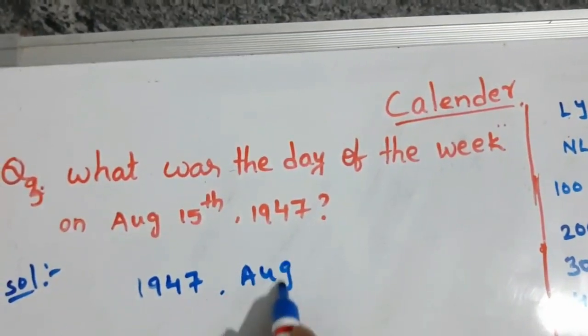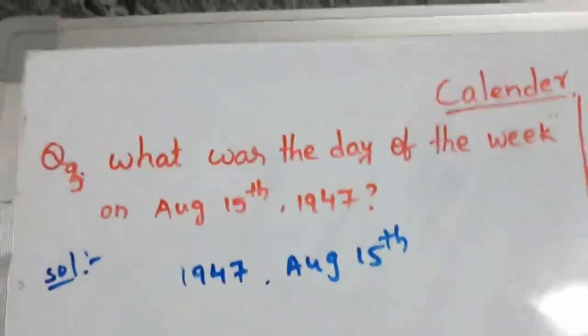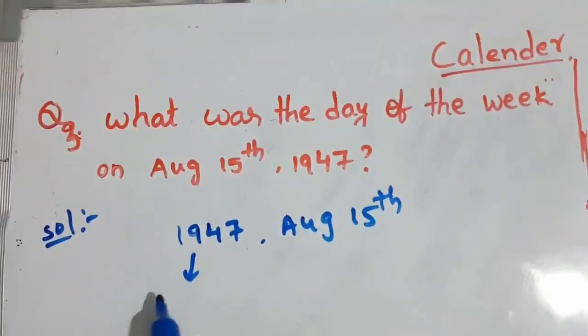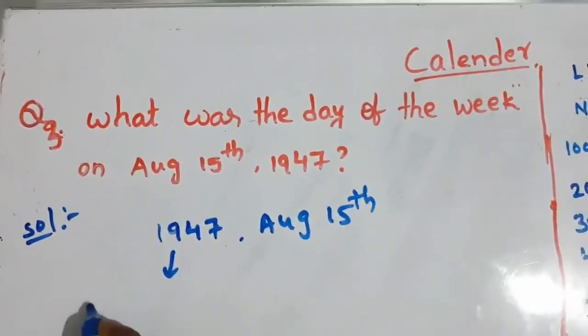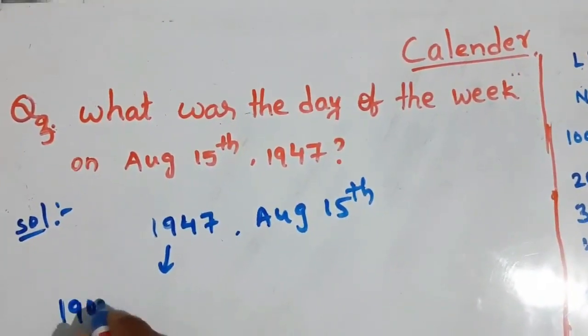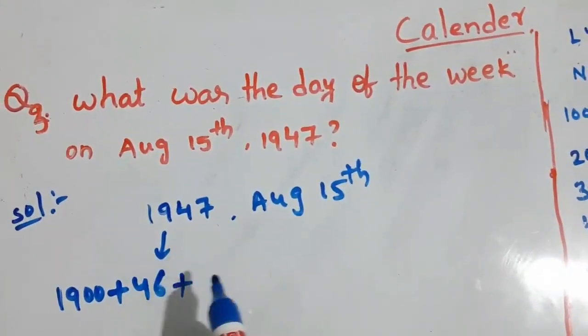August 15th. Now 1947 means 1946 years completed, so I can write 1900 plus 46 years, plus the 47th year is running.